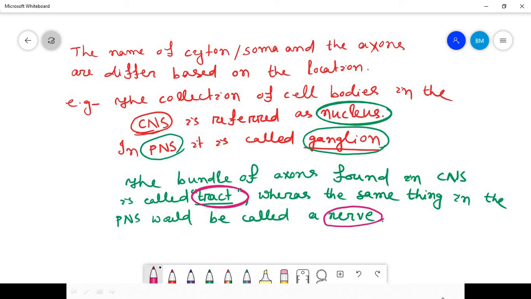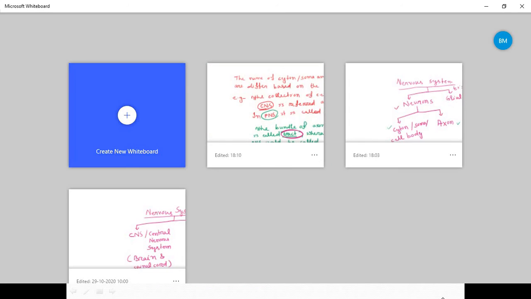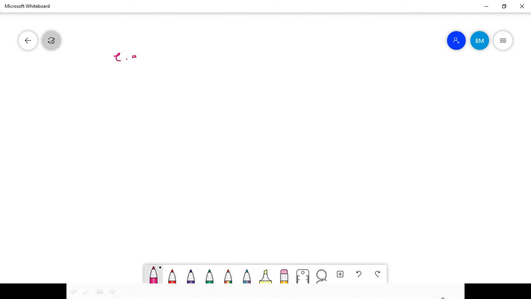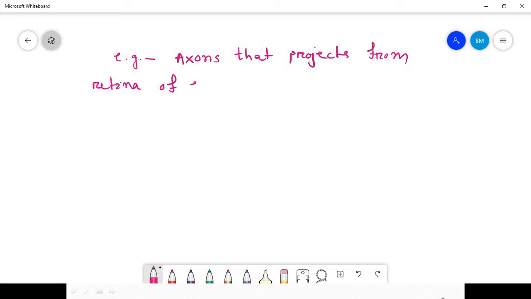But these are the same axons. One example of this is axons that project from the retina of the eye into the CNS or brain.